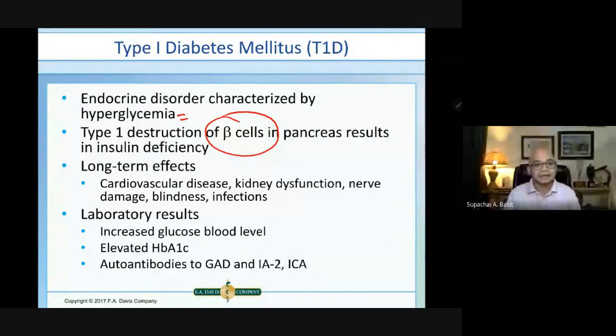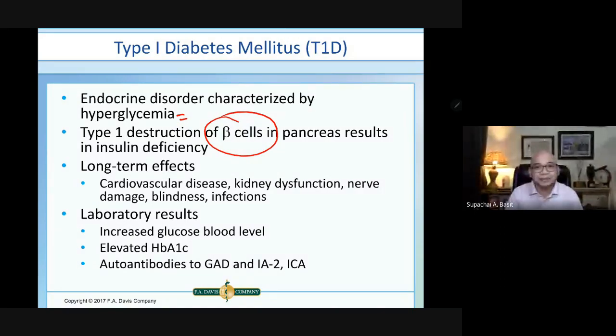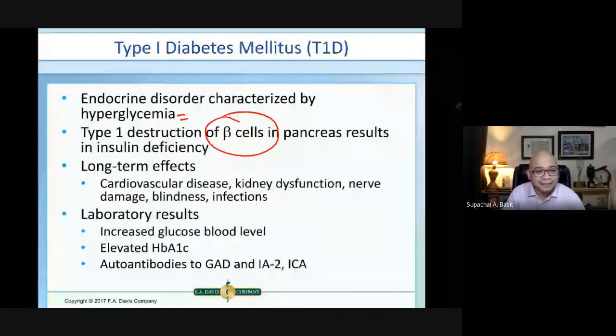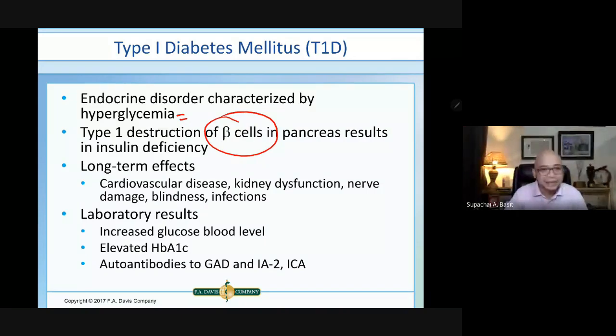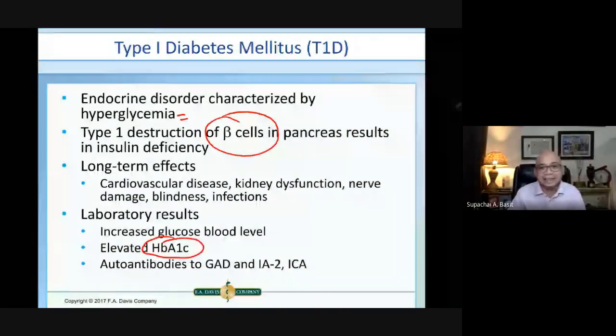Okay, so laboratory diagnosis of type 1 diabetes mellitus can also be determined using the HbA1c.